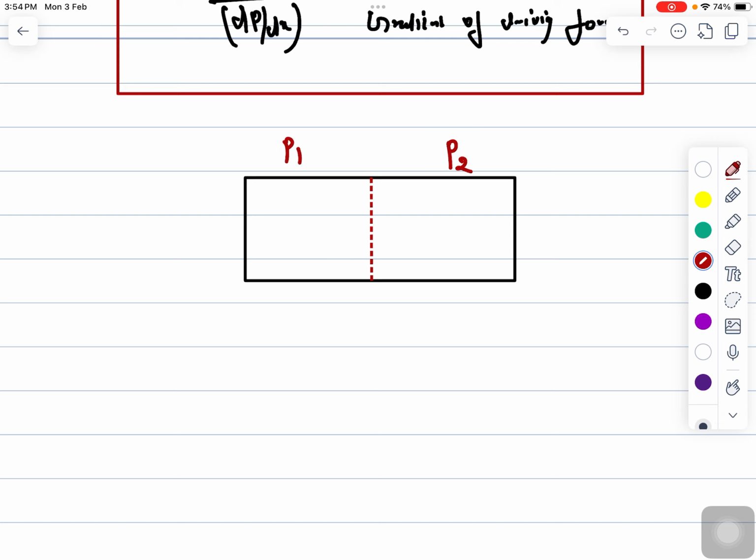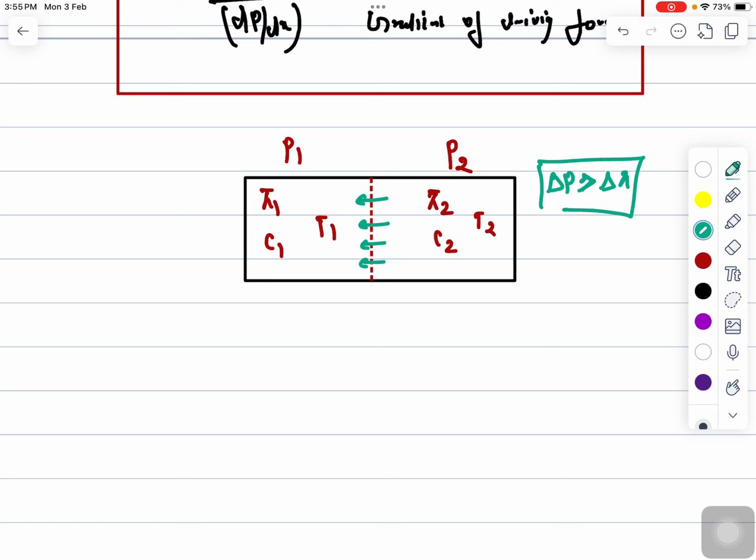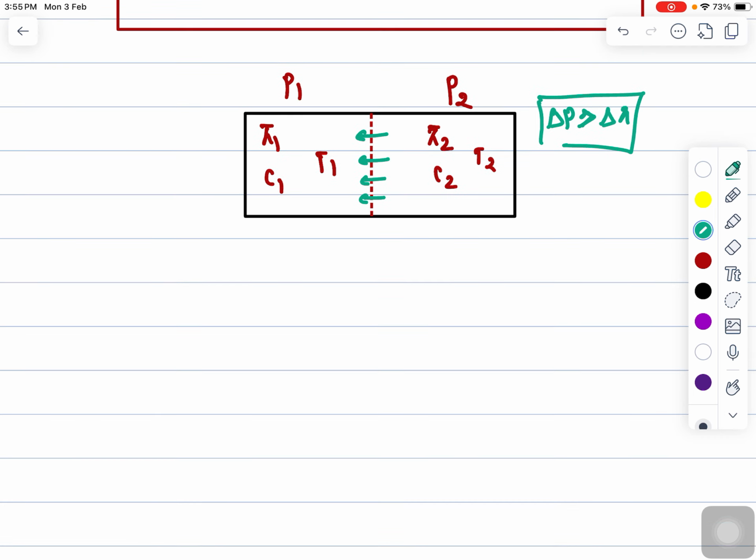Osmotic pressure here is pi 1 and pi 2, concentration is C1 and C2, temperature is T1 and T2. Is that clear? We have seen that delta P should be greater than delta pi, and then reverse osmosis will start taking place and solvent molecules will start moving from this side to this side.